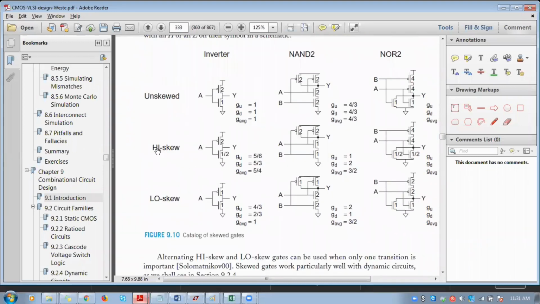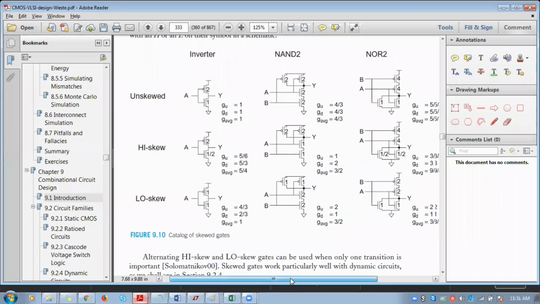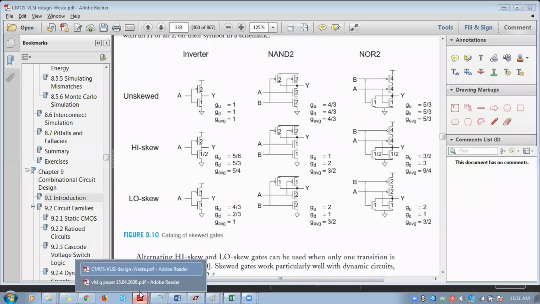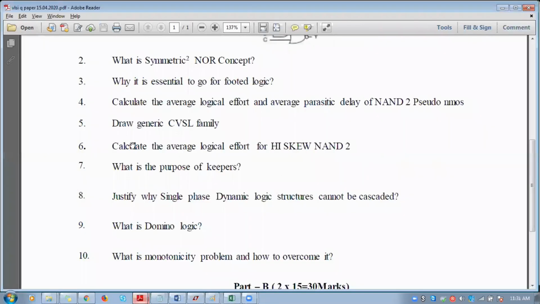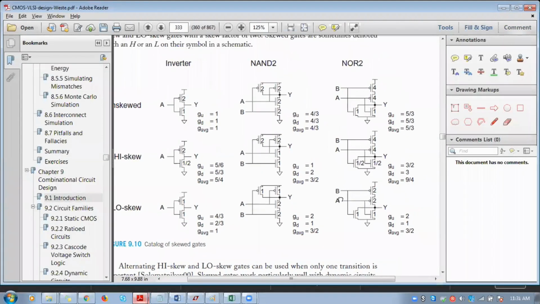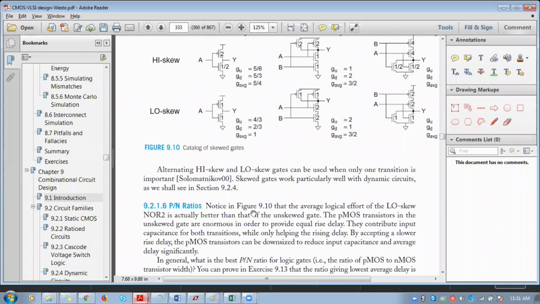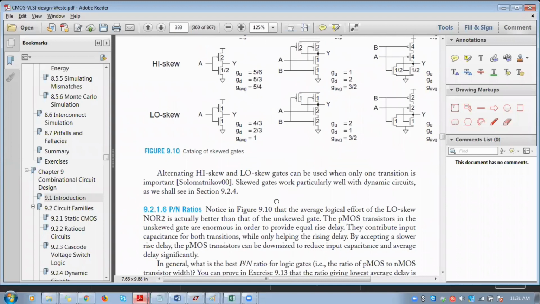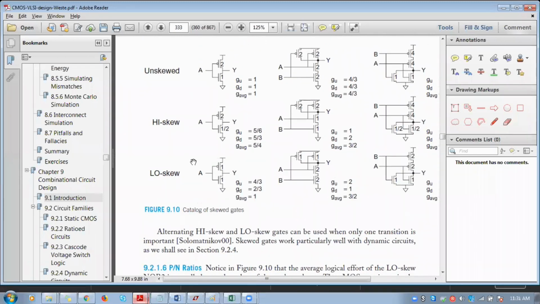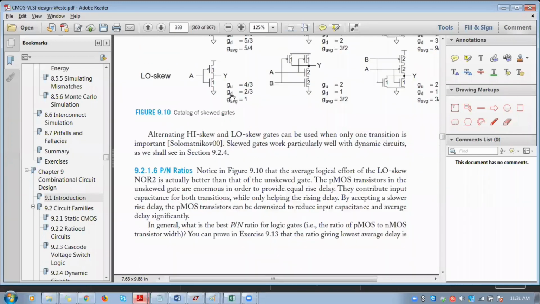Yesterday you also saw the question of high skew, one question you might have seen: calculate the logical effort of a high skew NAND gate. That is also specified. All the questions they have asked are based on the examples given in the textbook only.